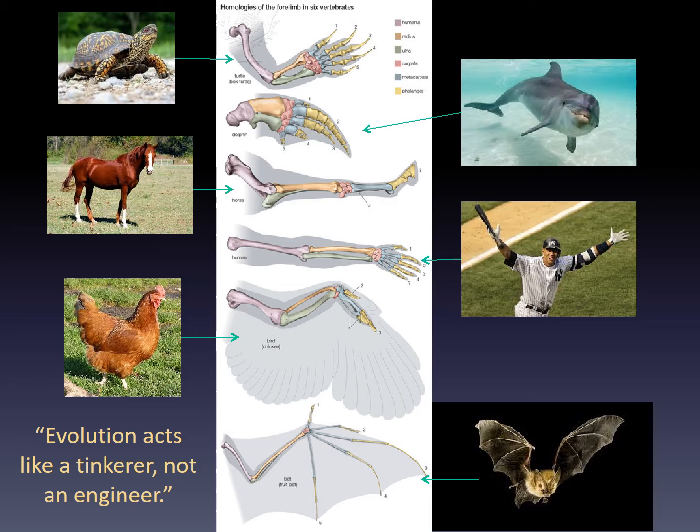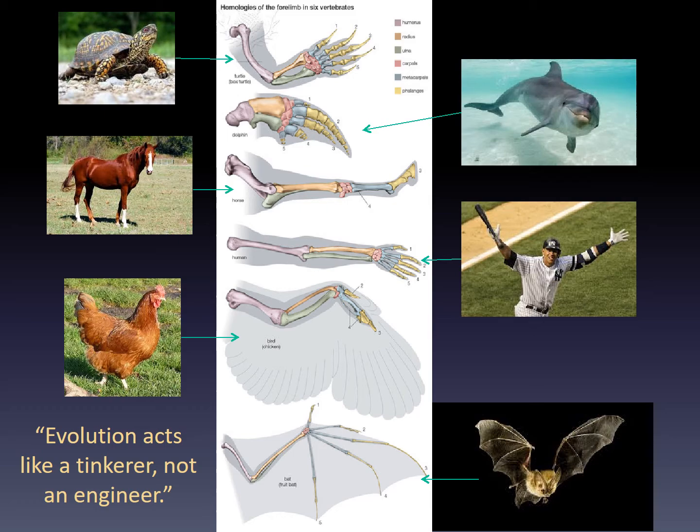So the logic is that the ancestor that lived in ancient times, that was the many great great grandparent of humans and dolphins and all of these creatures, had a particular limb morphology, had this bone structure.